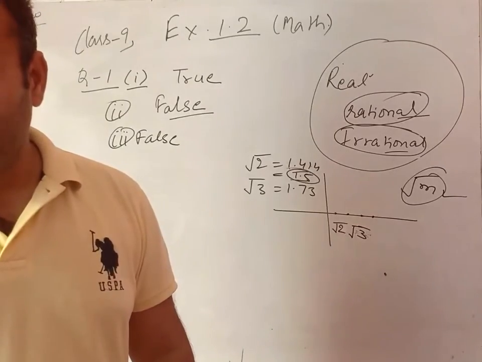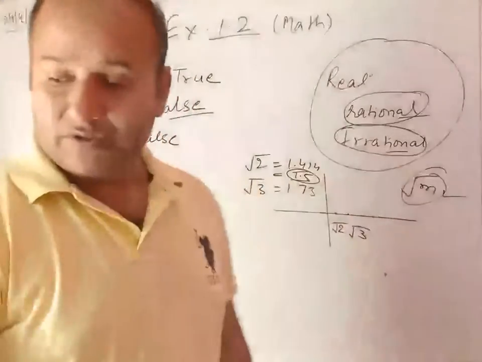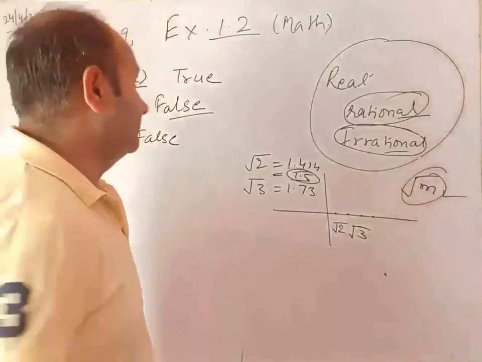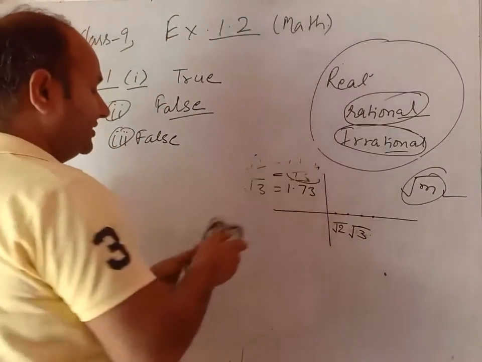The next question is: are the square roots of all positive integers irrational? This is very interesting.